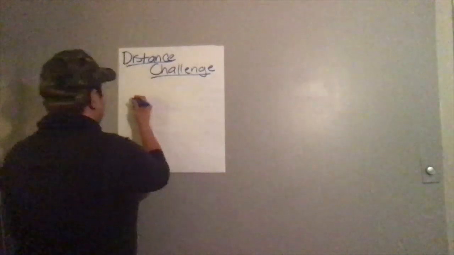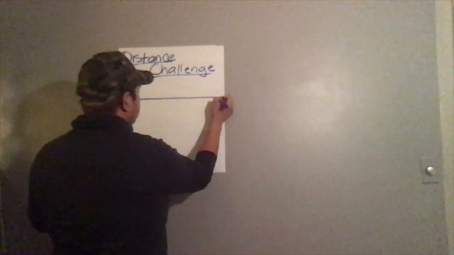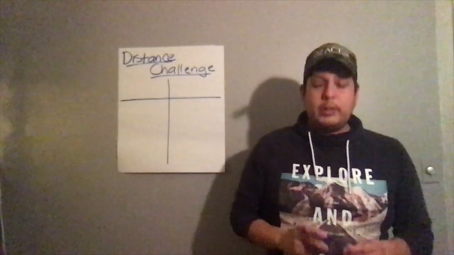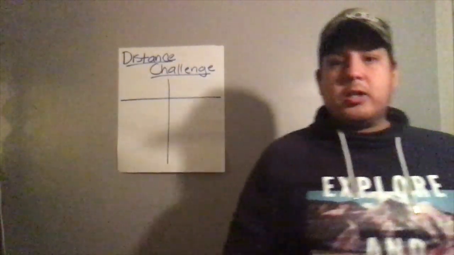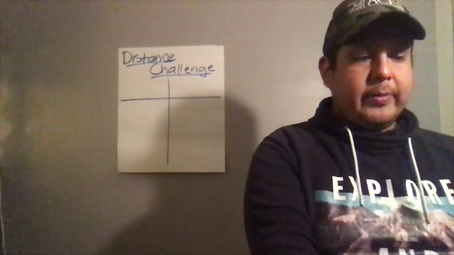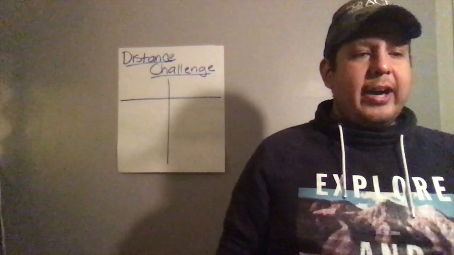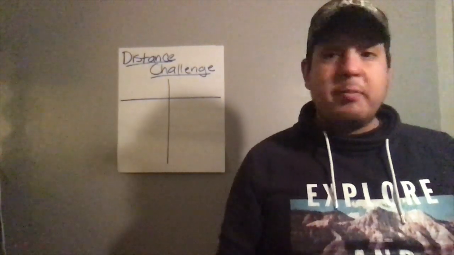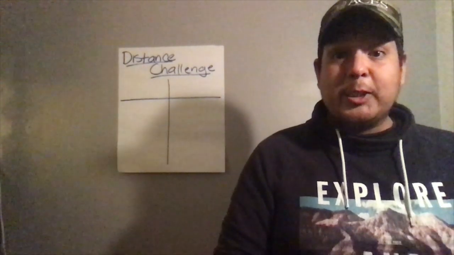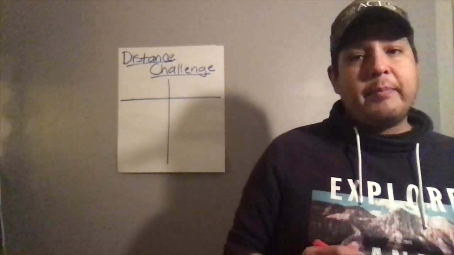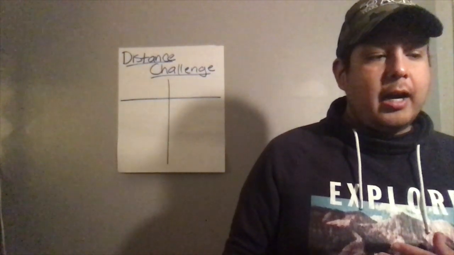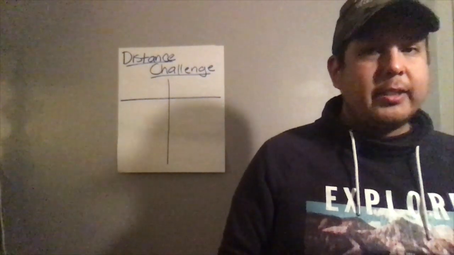Where we built a line going across and a line going down. Cool? So once you've written at the top of your page, distance challenge, I want you to create a little T-chart for our ratio table, okay? If you need some time, you're more than welcome to pause the video here, okay? So let's go ahead and revisit. Who remembers what the conversion was from kilometers and meters?